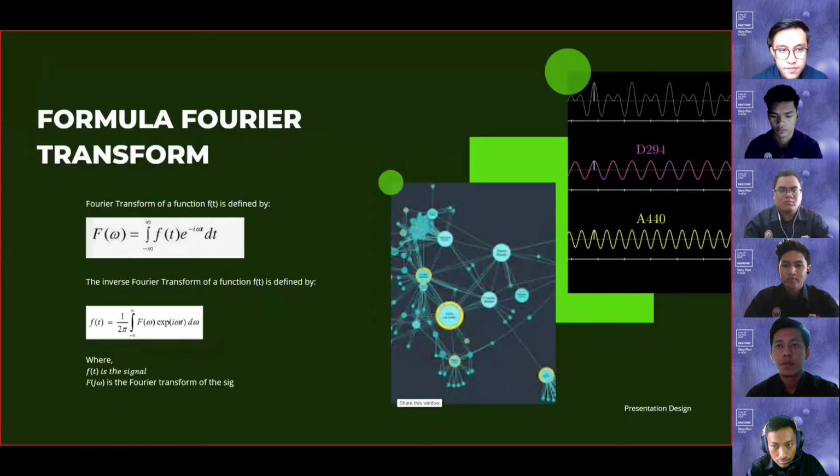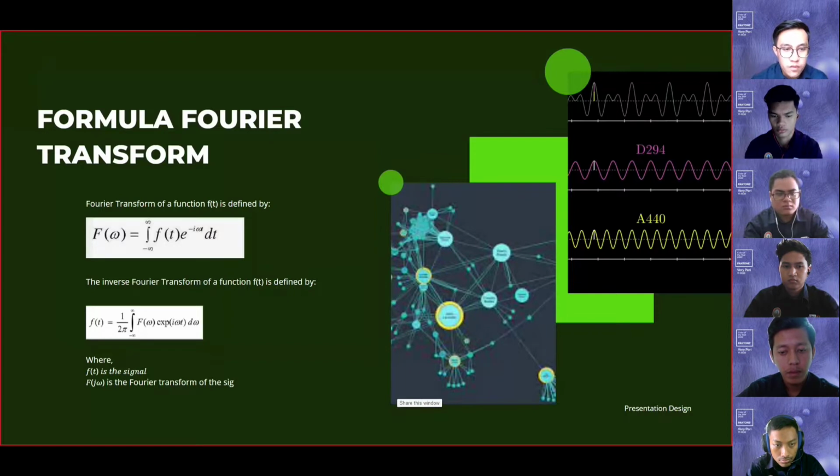Okay, next slide. These are the formulas that can be used in the Fourier transform, which is F equals the integration from negative infinity to infinity of f(t) times e to the power of negative i omega t, and the integration must be with respect to time.